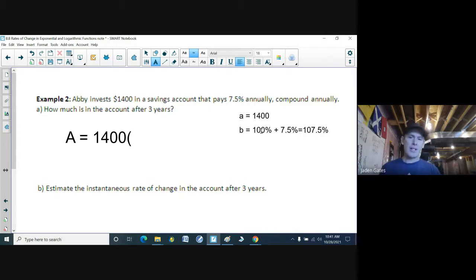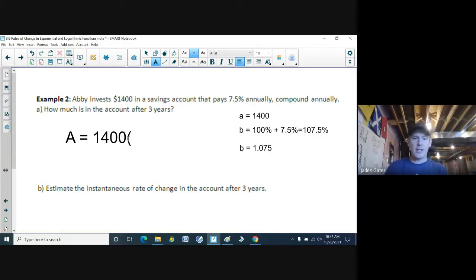Now, here's the thing: percent is useless in math as a calculation. You've got to convert it to a decimal. And when you're converting percent to a decimal, you just simply divide by 100. And so if I take 107.5 and I divide it by 100, I get 1.075.